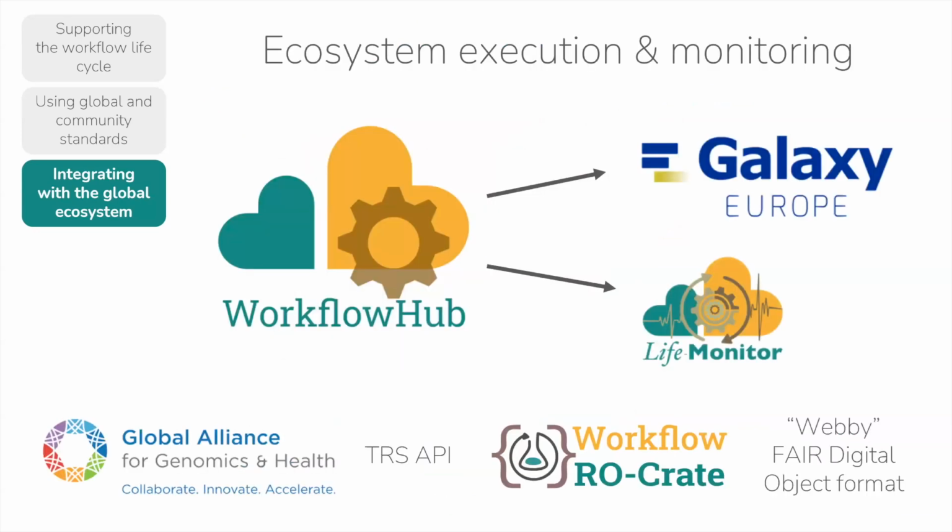So to mention that, for example, Workflow Hub implements the Global Alliance for Genomics and Health APIs, notably the TRS API. And this API enables you, if you have also implemented it within your execution platform, to be able to browse, for example, workflows in WorkflowHub and then directly execute them in a Galaxy installation, and also browse WorkflowHub from a Galaxy installation.